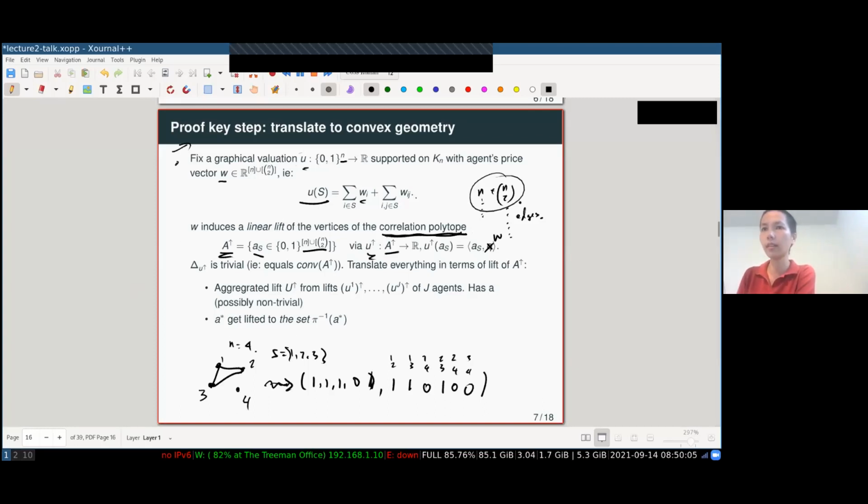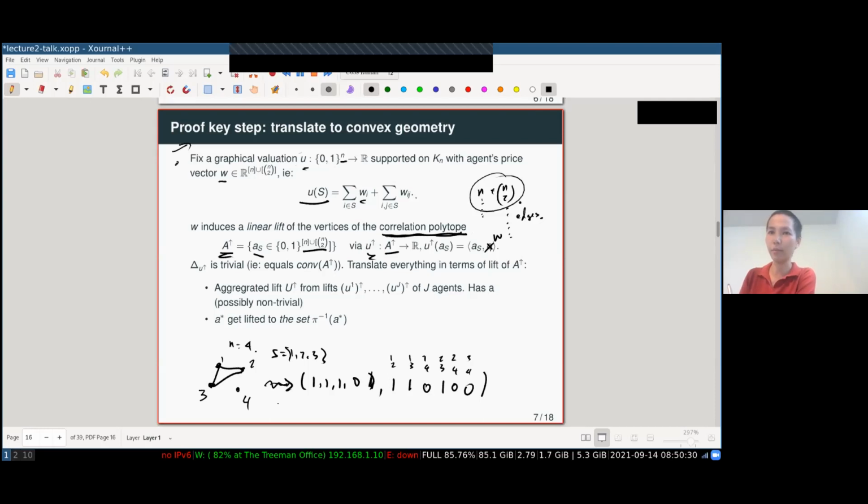So one key thing is that because this lift is linear, right? Because how much I value a set is just the inner product of the weight vector W with the indicator vector for the corresponding graph.